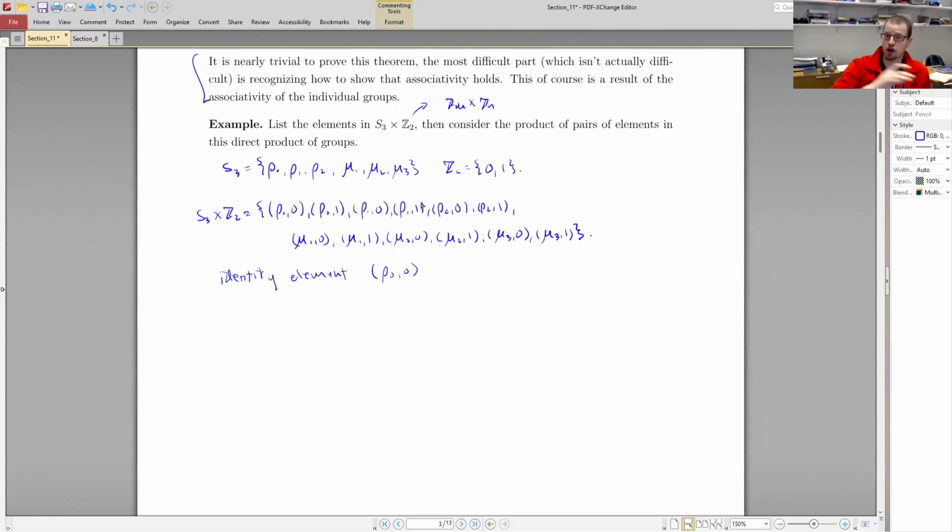Here, it's like all over the place, right? Technically, this is composition of functions, and this is addition modulo 2. So they're completely different operations, and that's perfectly acceptable.